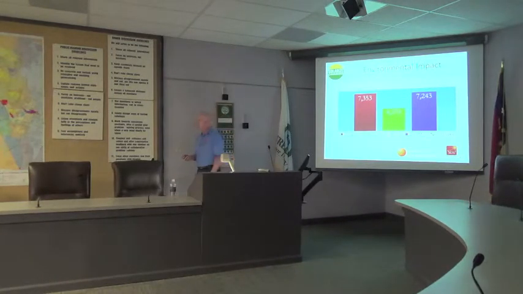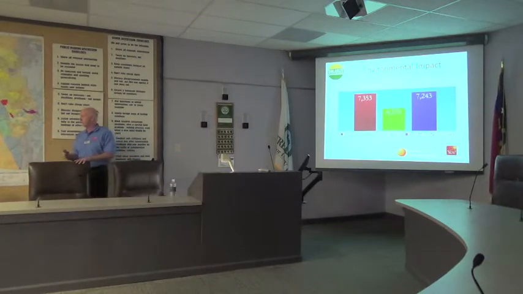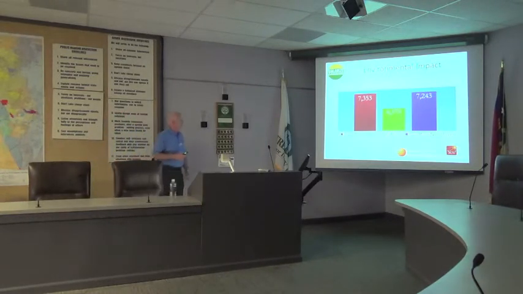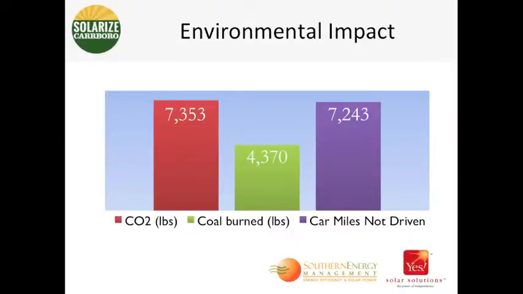The other aspect of solar is the environmental impact. And I'm sure many of you are as interested in that component as you are in the return on investment. That 4 kilowatt system right there, generating those kilowatt hours per year that we estimated, will mitigate almost 7,400 pounds of CO2 every year. Every year. Another way to look at that, since about 54 to 56% of our electricity in North Carolina is still generated with coal, you're offsetting approximately 4,400 pounds of coal being mined every year.